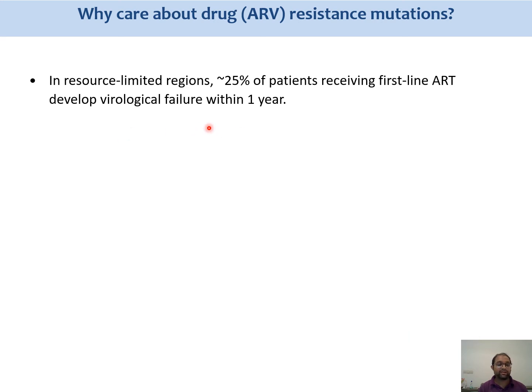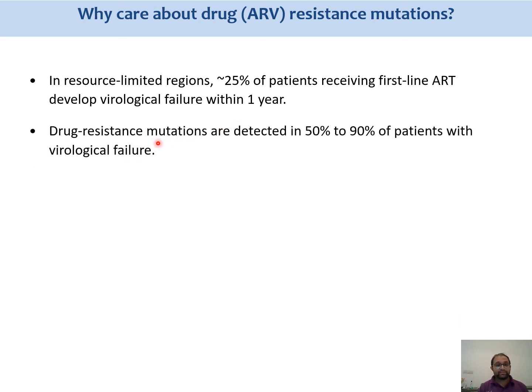Virological failure is inability to suppress viral load beyond 1,000 copies per ml after 3 to 6 months of the treatment. The drug resistance mutations are responsible for 50 to 90% of the virological failures, so a very high burden of virological failure is attributed to drug resistance mutation.